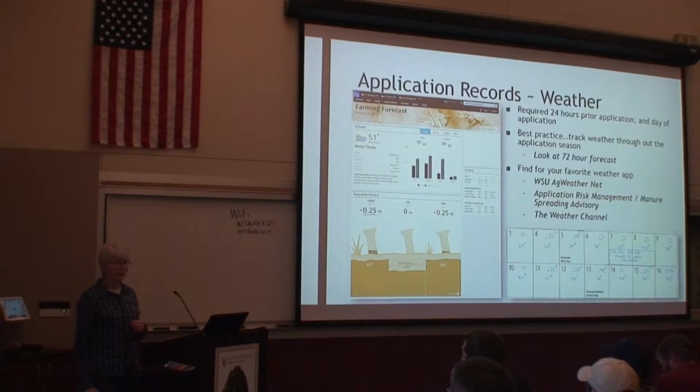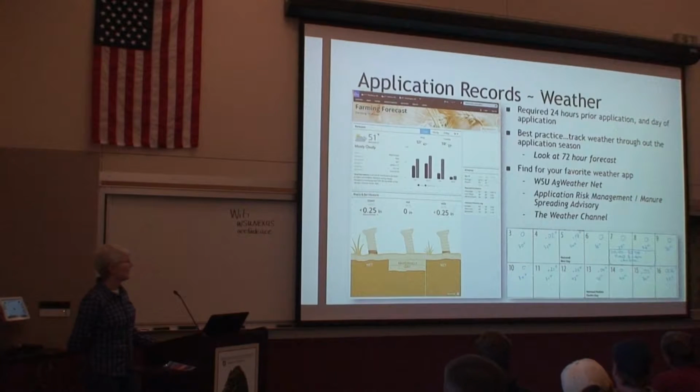It is not a rule, it's not a law to look 72 hours out, but think about what Nicole was saying about using that manure spreading advisory. Use common sense, use the tools that you have in hand to make sure that when you're applying manure, you are not making a risky application.